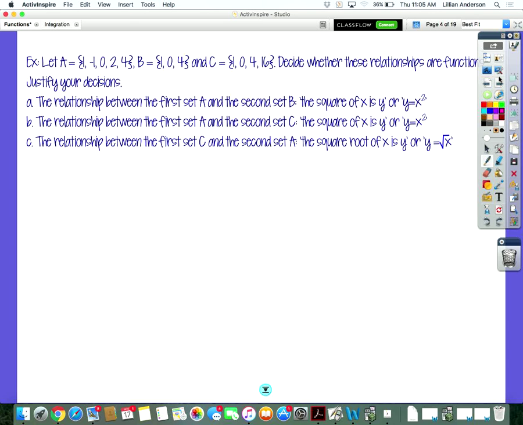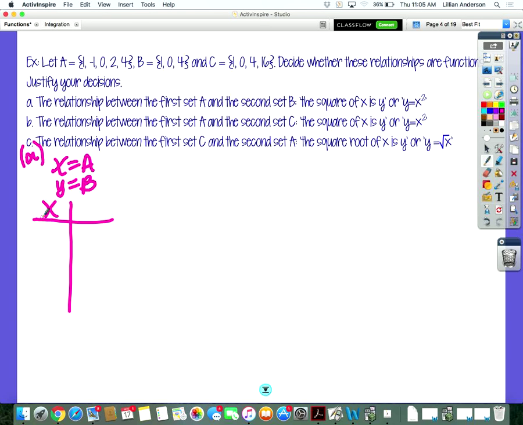Our input is which set? A or B? Is A. And our second set, our output, is B. Okay? So our X is A, and our Y is B for this very first example. I'm going to show you it another way.